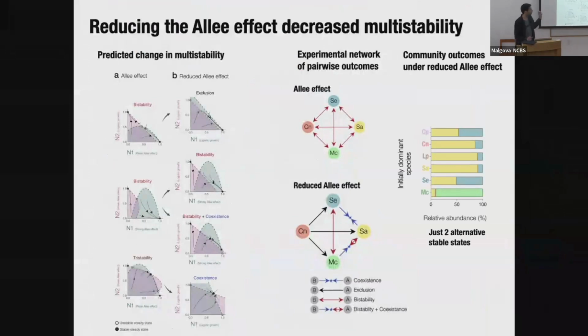Then we put the 6 species together again as at the beginning of our experiment, but now with glutamate to reduce the Allee effect. And in this case, we started with different initial conditions. So here we have 95% of these species at the beginning, and at the end we come here. And the same here for these other species, and at the end we come here.